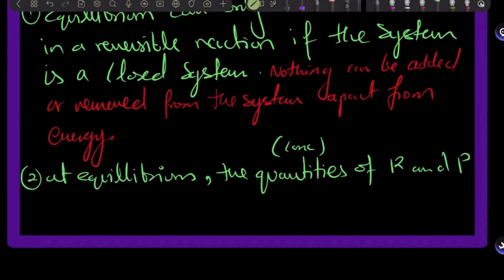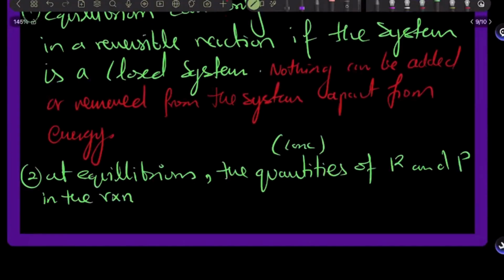So at equilibrium, the quantities of reactants and products in the reaction mixture remain constant.